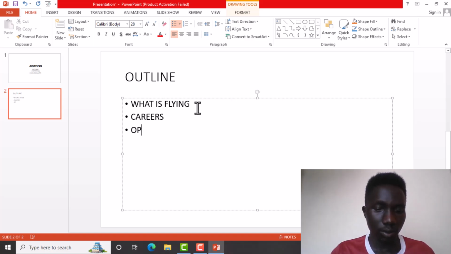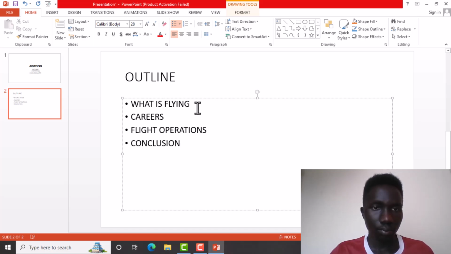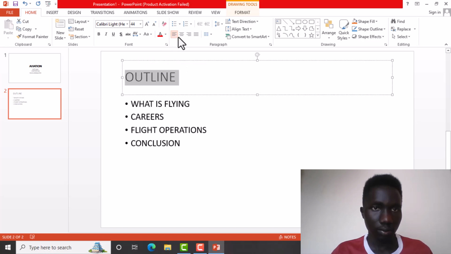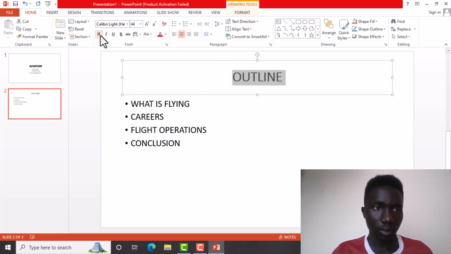Then we shall talk about flight operations. Then we shall be having our conclusion. Then we shall add a new slide. But before that, we have to align this to the center and bolden it as well. Then we can add a new slide.